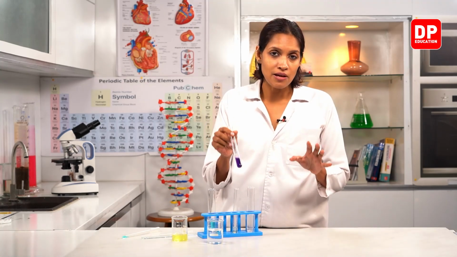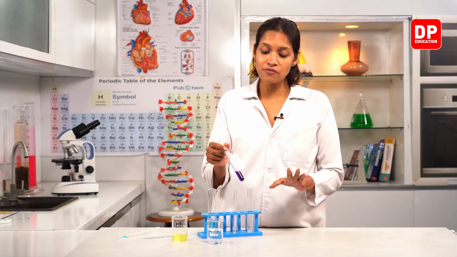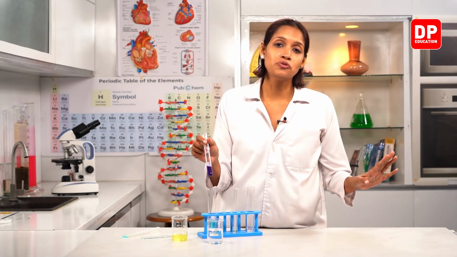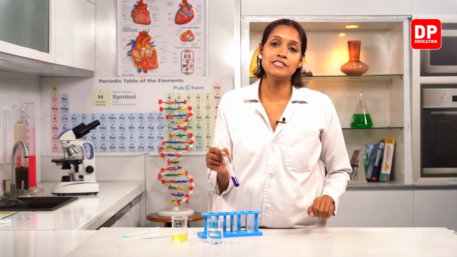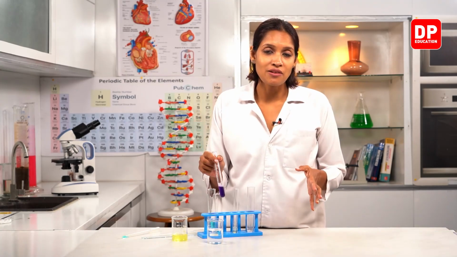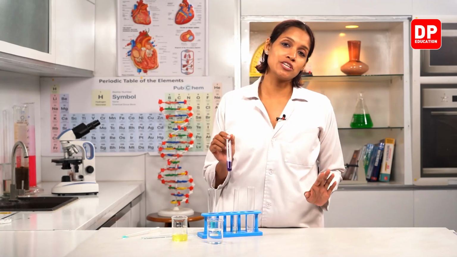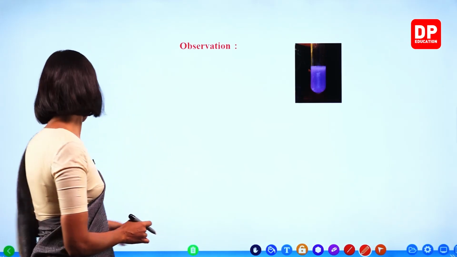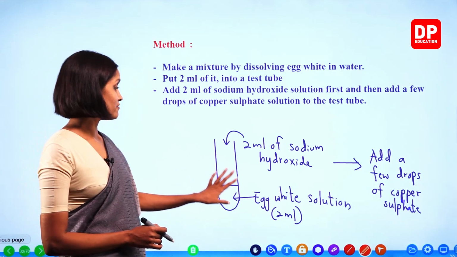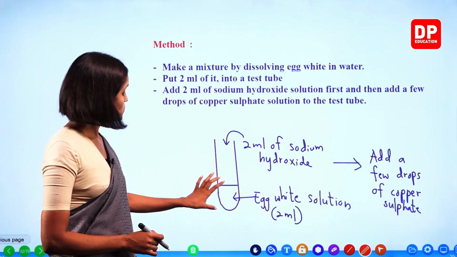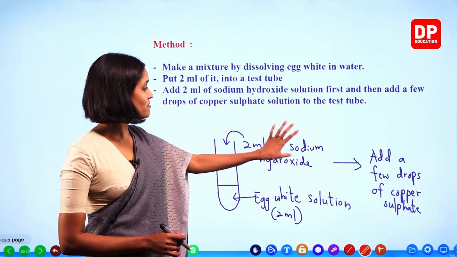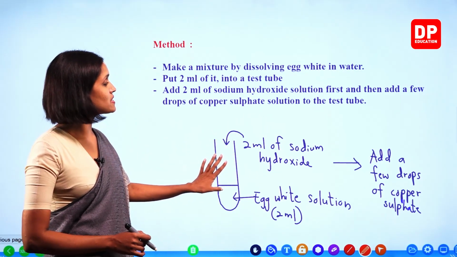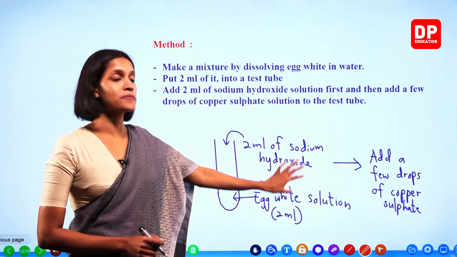So the only nutrient that gives this color change is proteins, right? No other food nutrient will give this color change. Therefore, this test can be used to identify proteins present in food. Right, children. So you all observed what happened there. So what did we do again? We prepared an egg white solution and then to a similar amount of egg white solution, we added sodium hydroxide solution. And then after mixing it, we added a few drops of copper sulfate solution.